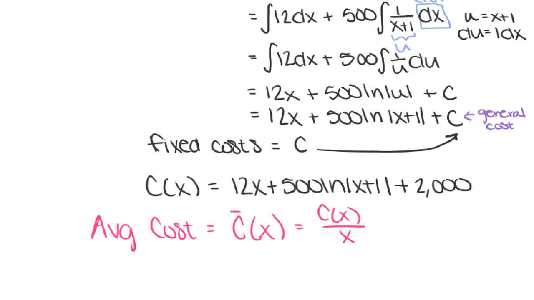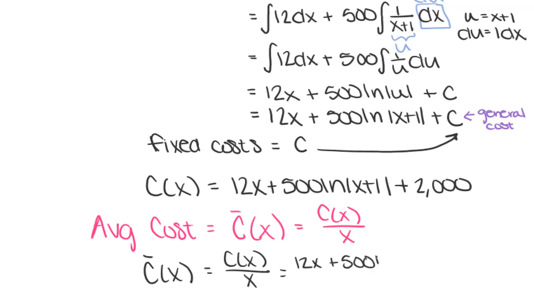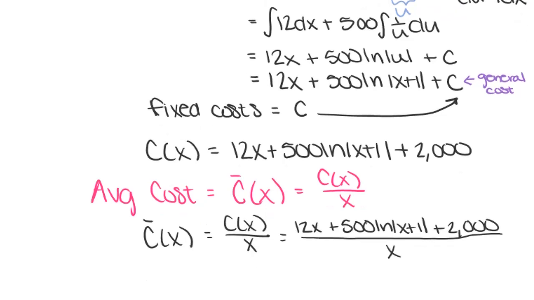So in this case, we'll have C bar of x equals C of x over x, which is 12x plus 500 natural log of x plus 1 plus 2,000 all over x. And I'm really just going to leave it like that. I'm not going to try to simplify that function because it doesn't simplify super nicely.